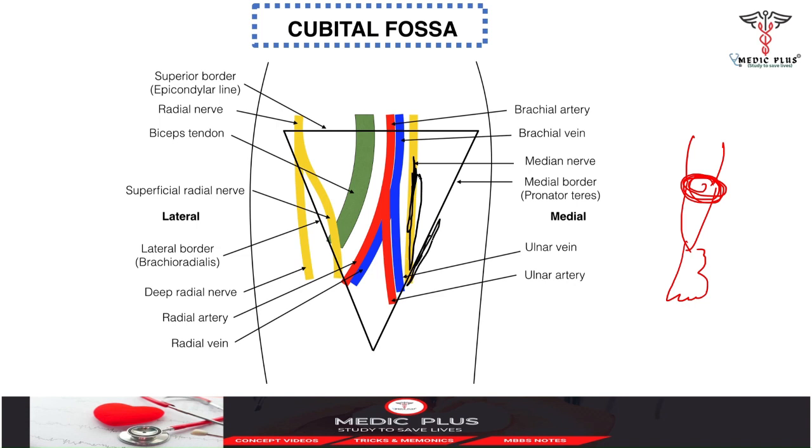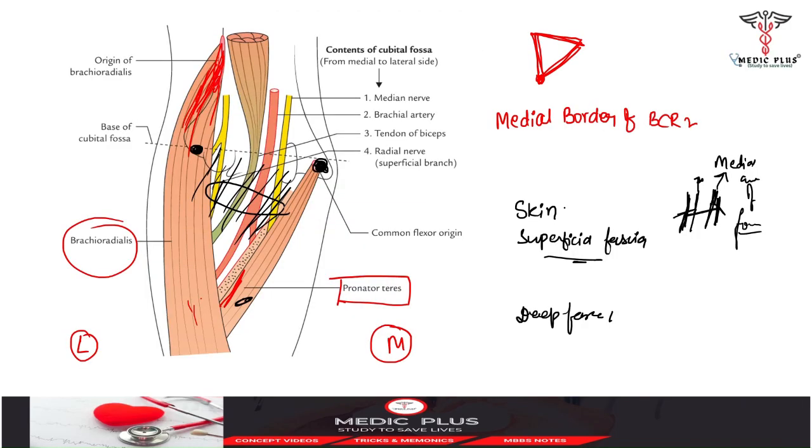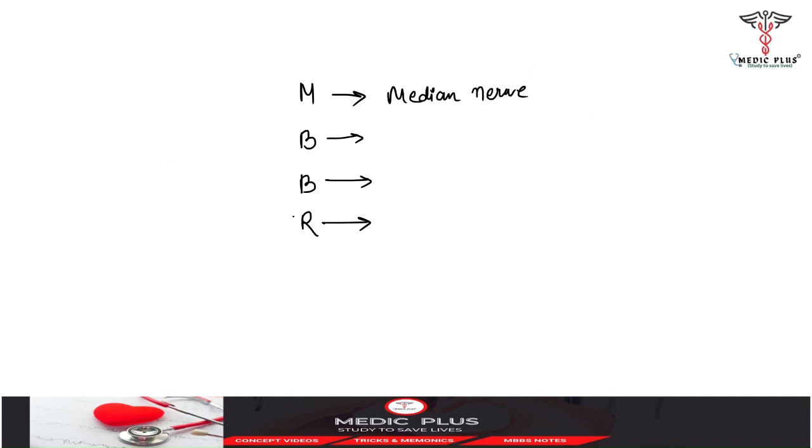Here you can see the median nerve, and here is the pronator teres on the medial side, with its two heads. You can appreciate this in the dissection. So firstly, the most medial structure is the median nerve.